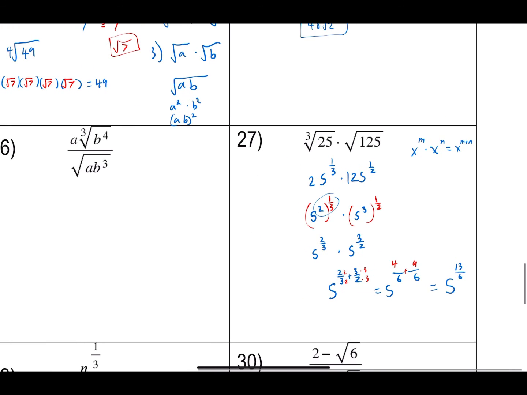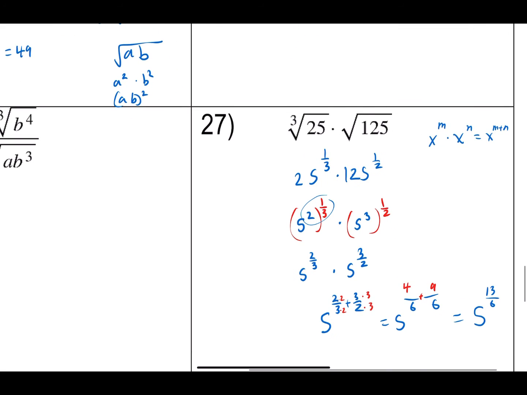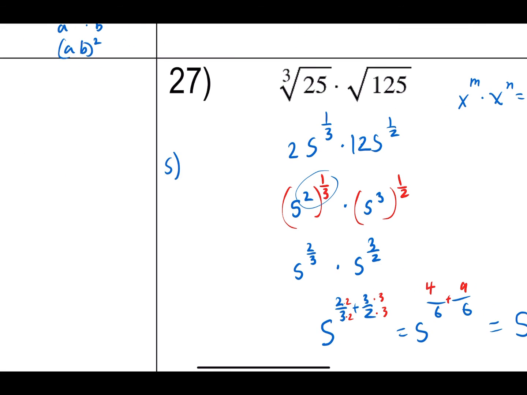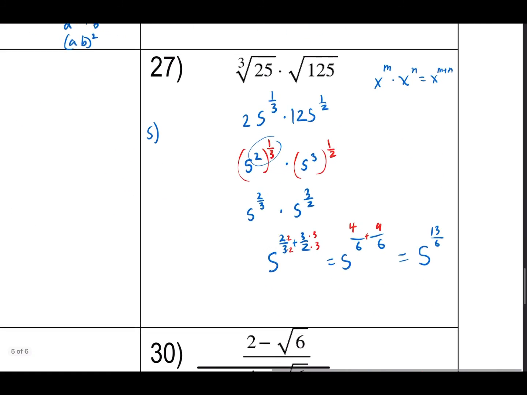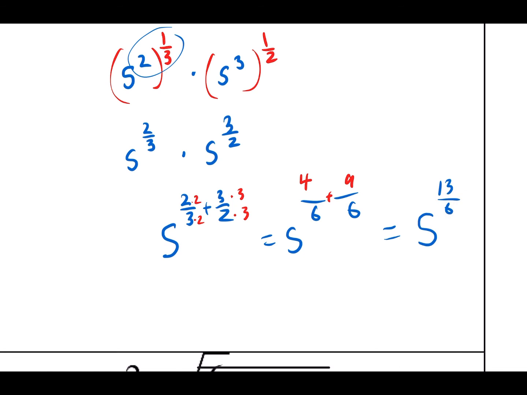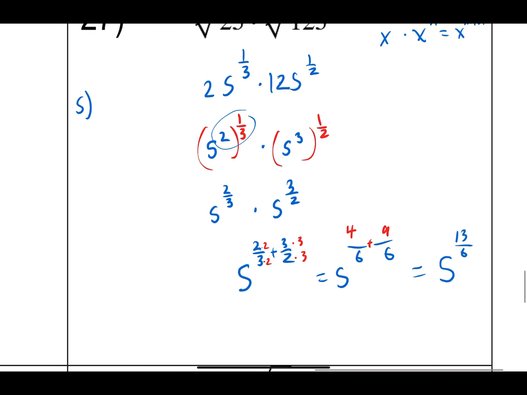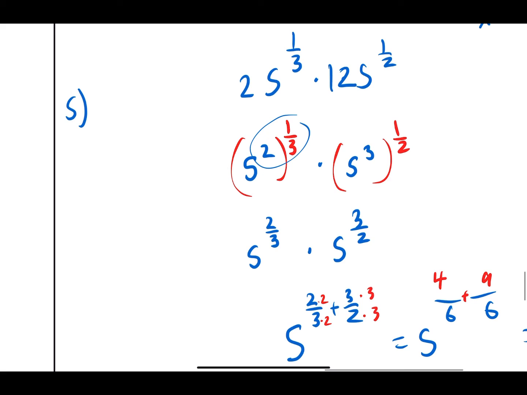That leads itself to rule number 5, which is kind of rule number 2, which is, can we make the big index smaller? This is a root of 6. Can we make it smaller? But it's more of the fact that it's an improper fraction.